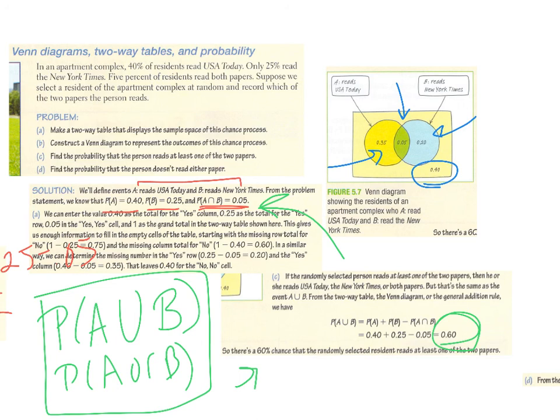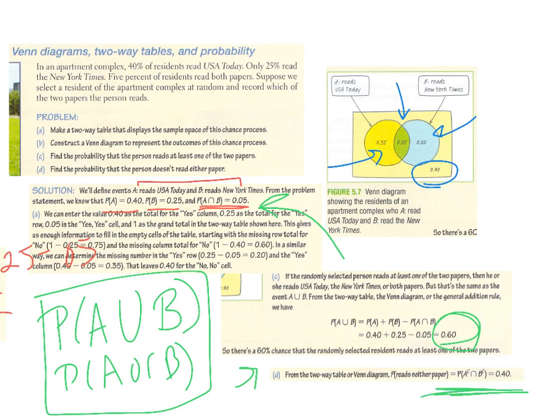Part D wants the probability that they don't read either paper. Well, I know the probability is 0.6 that they read one or the other. So the probability that they do not read either, I would use my complement rule there, and it would be 1 minus that. You can see the notation for it here is a little bit crazy. So here's your notation.